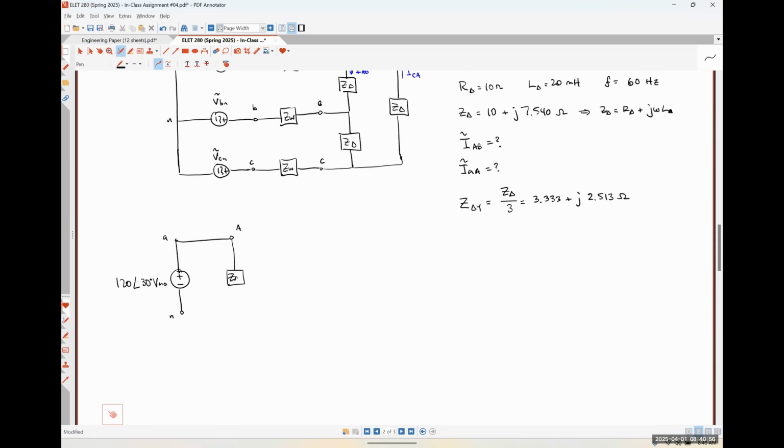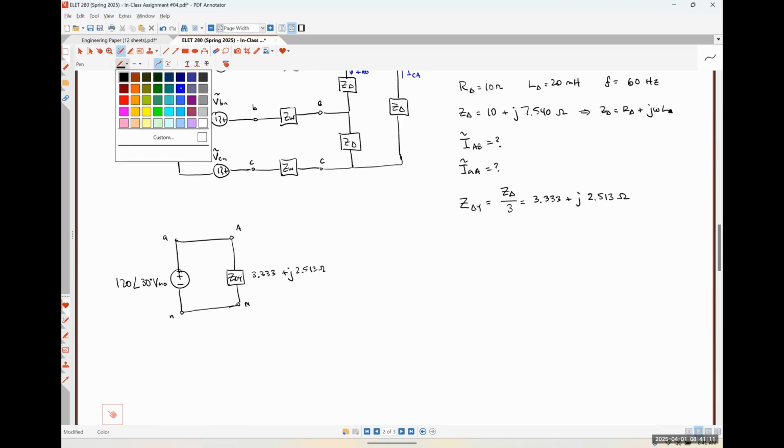Then this is my Z delta Y impedance of 3.333 plus j2.513 ohms. And this is the line current that I'm looking for.